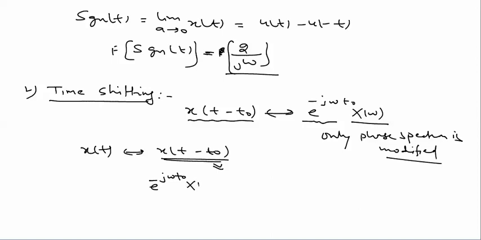A shift in the time domain will produce a linear phase shift in the frequency domain. The spectrum is linearly phase shifted. An application of the time shifting property is distortion-less transmission.